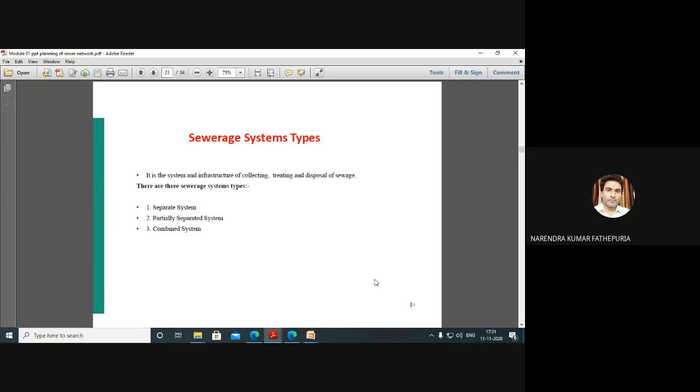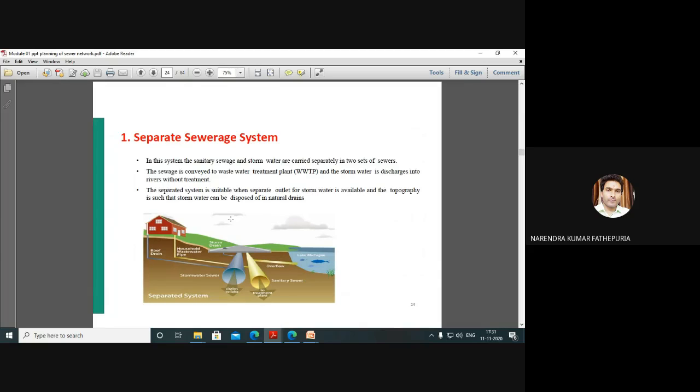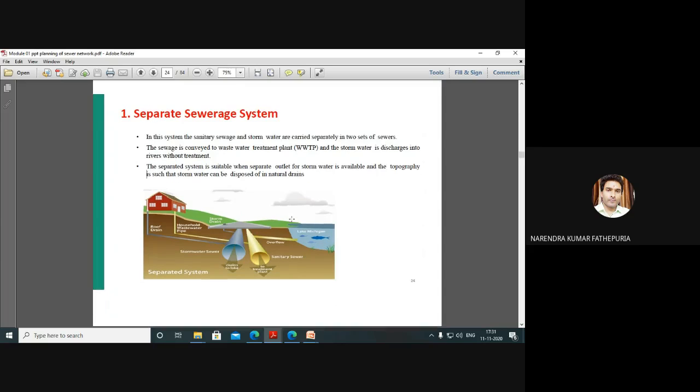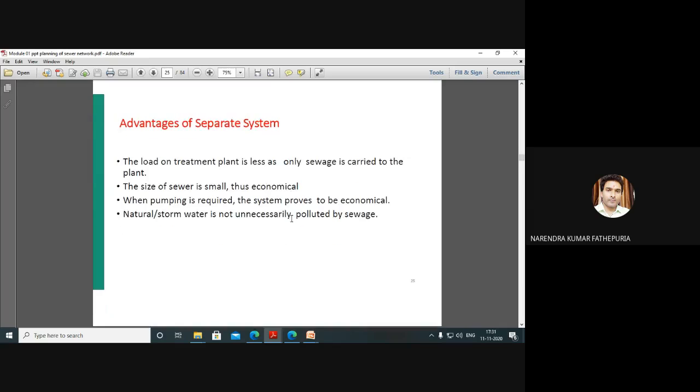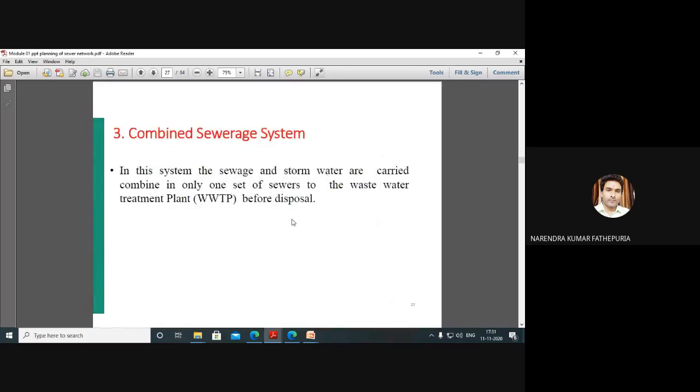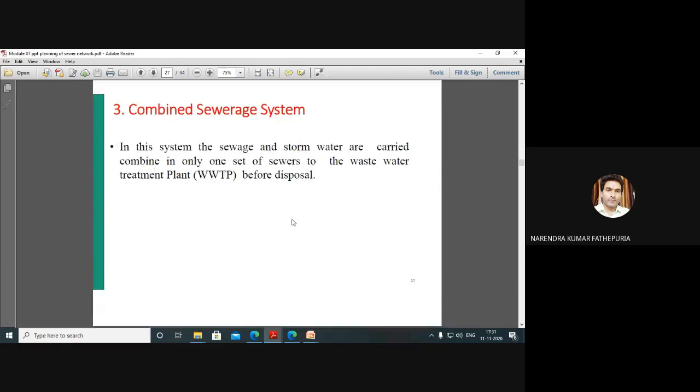There are three types of sewage systems: separate sewer, partially separate systems, and combined sewer. Separate systems are where only the domestic sewage is treated separately. Partially separate, we can say, is like this table. Here only the domestic sewage water is included, and then the advantages and disadvantages of combined sewers.